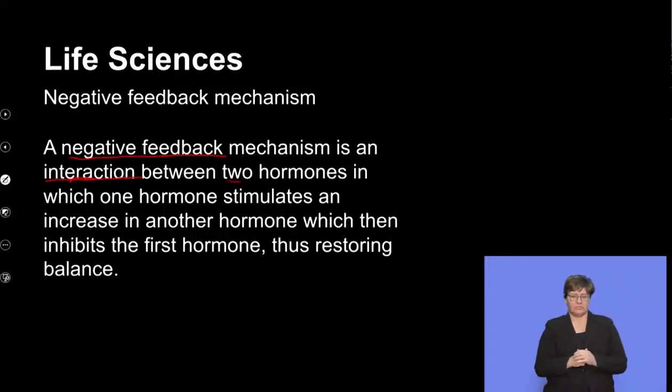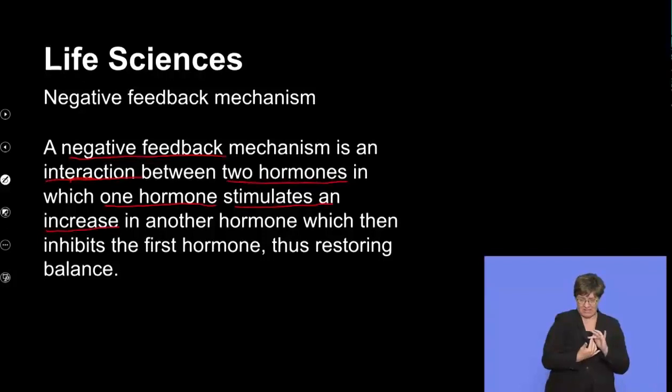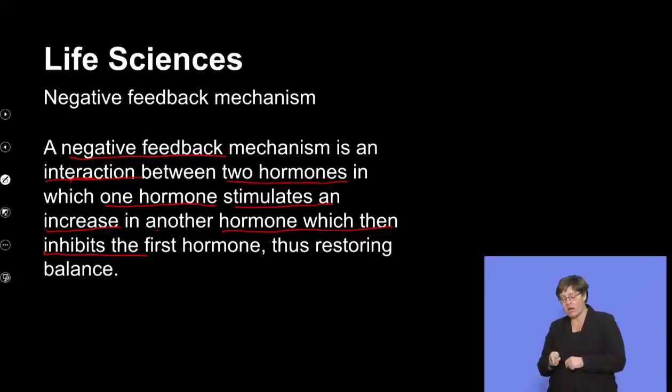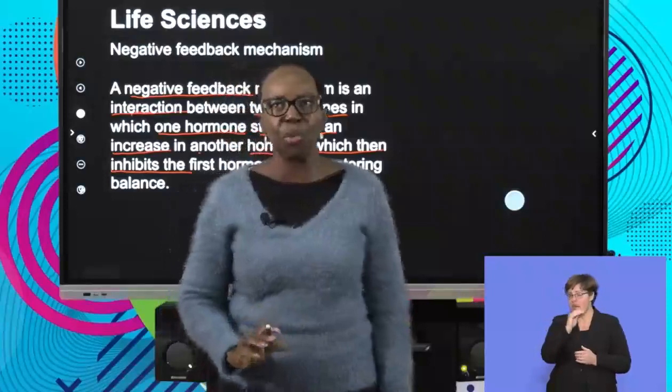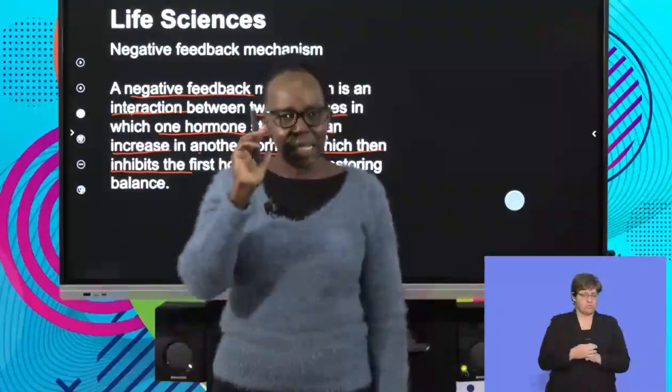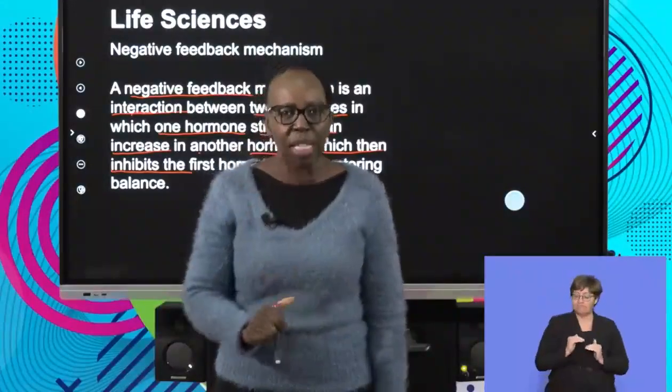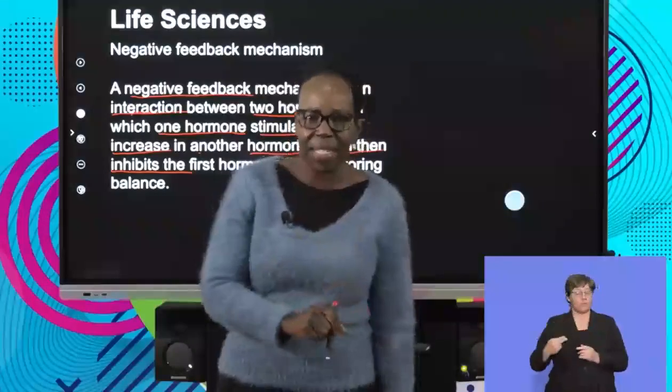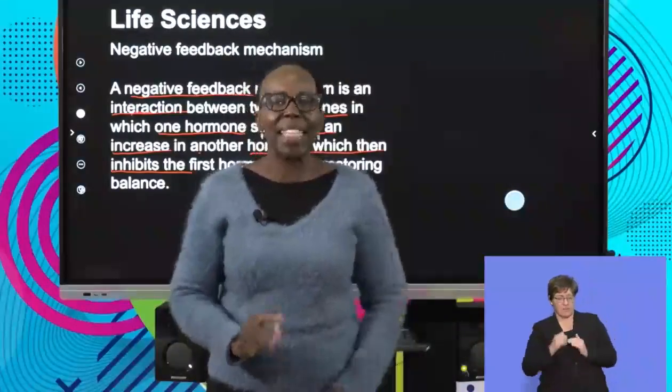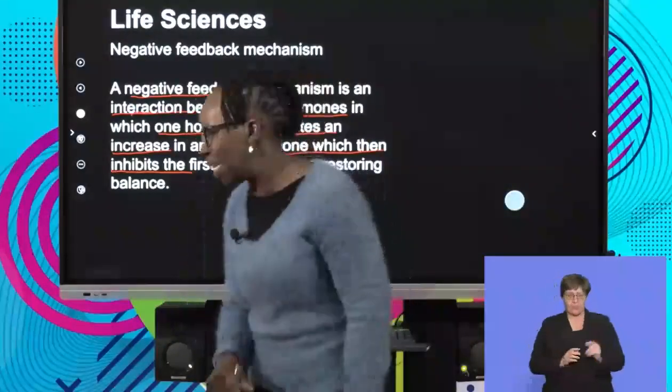Interaction between two hormones in which one hormone stimulates an increase and another hormone which then inhibits. So we're talking about a hormone that will be increased and the hormone that will be inhibited. That's when we're looking at the negative feedback mechanism.